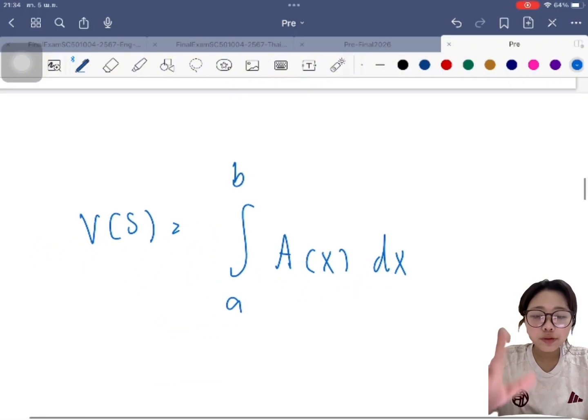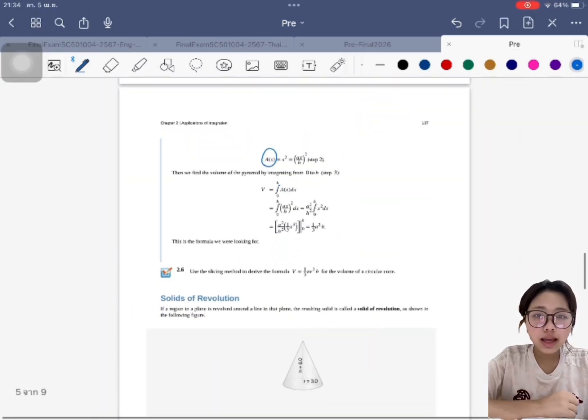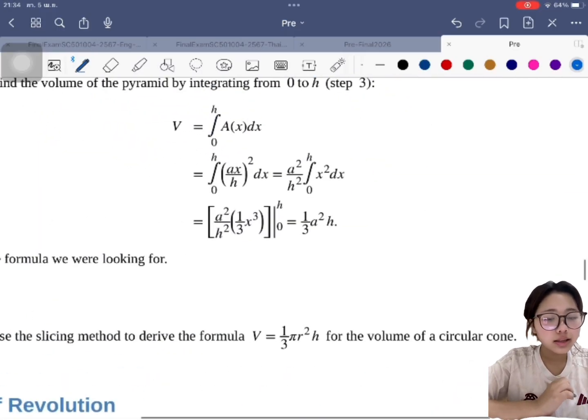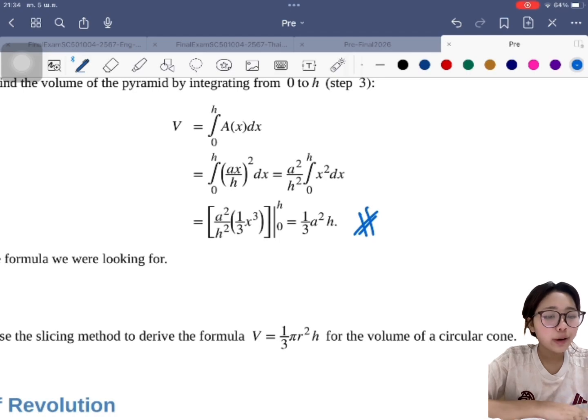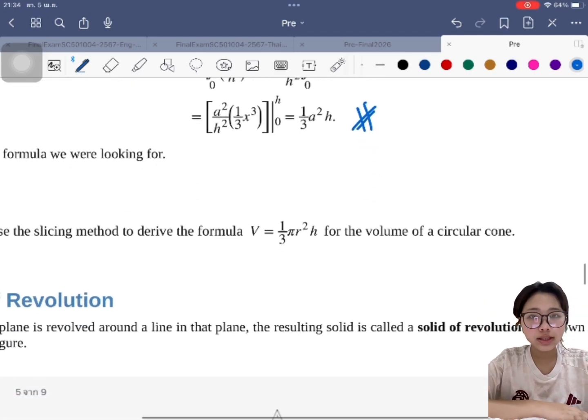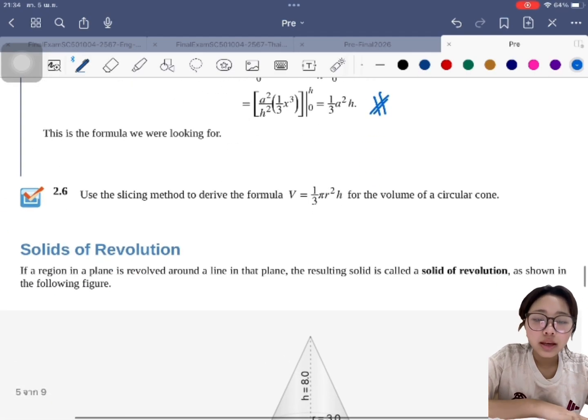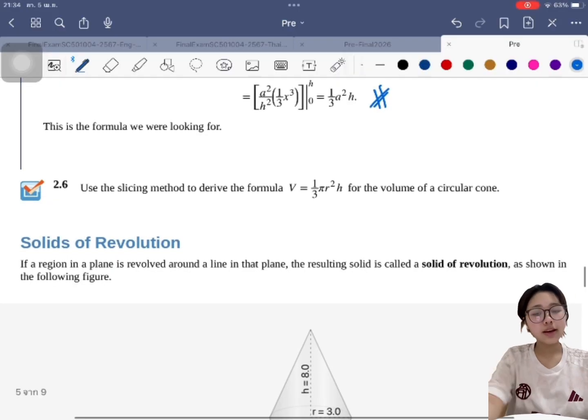First, we must graph the regions R and their associated shells as shown in the following figures. Let's have two figures.